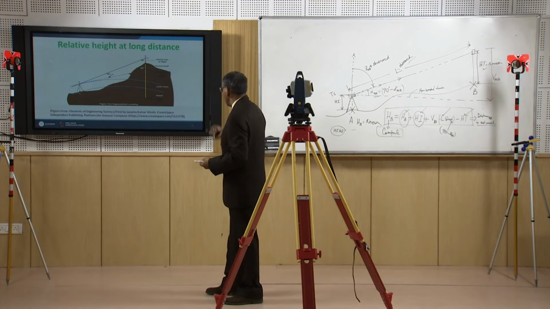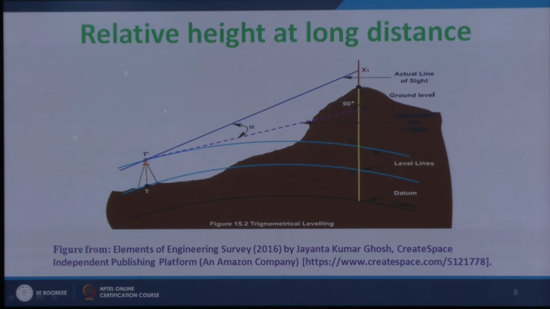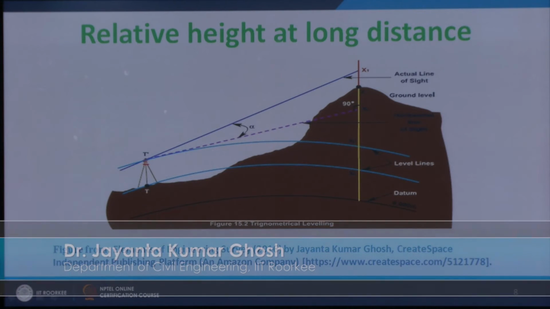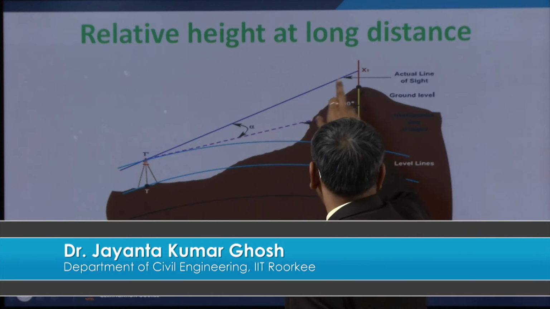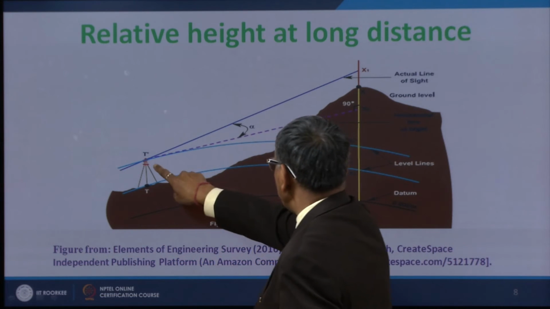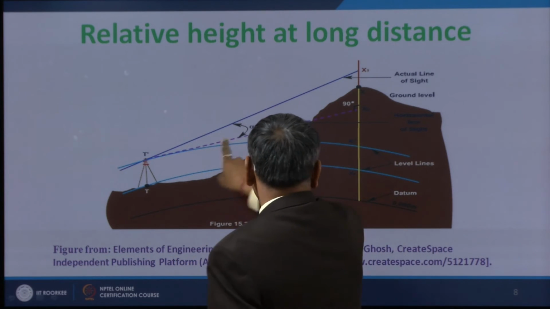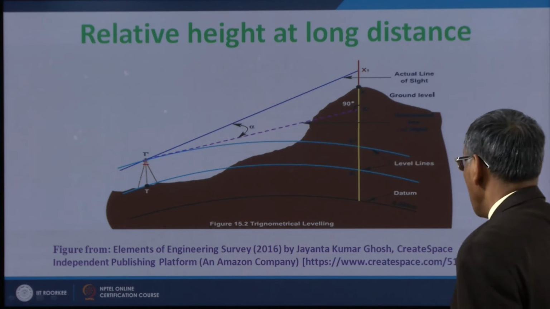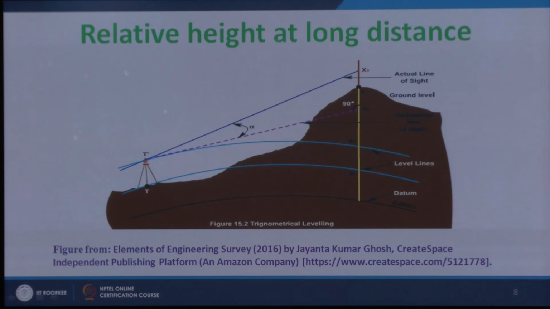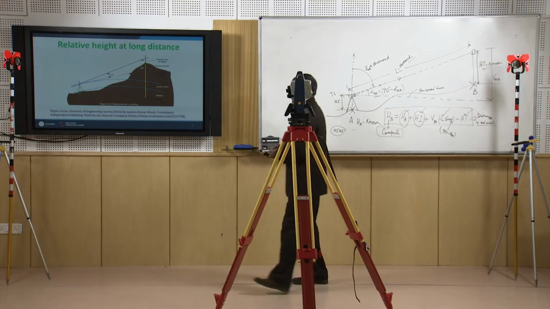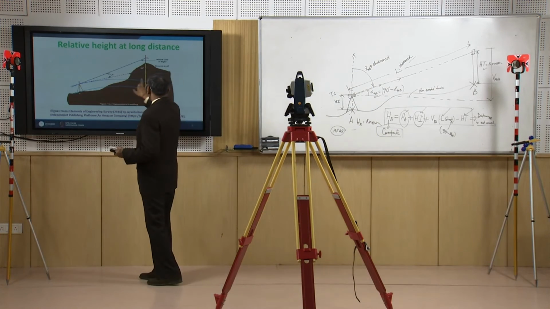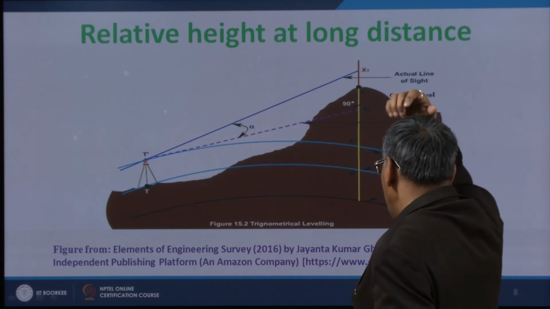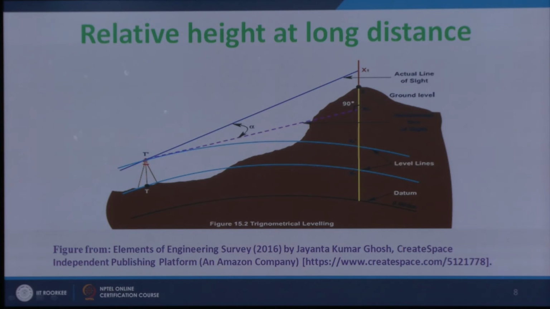You can see this figure. When the distance is more, then instead of this line, though this is the actual line, there will be level lines. In that case we have to take into consideration the error due to curvature as well as the error due to refraction.